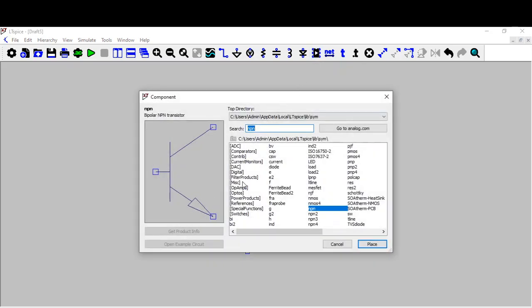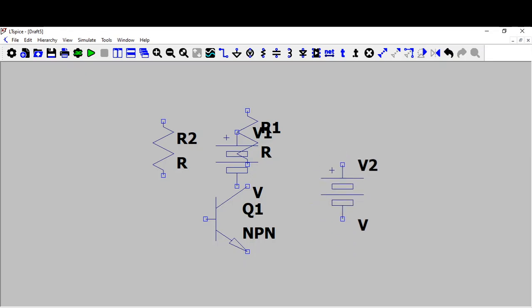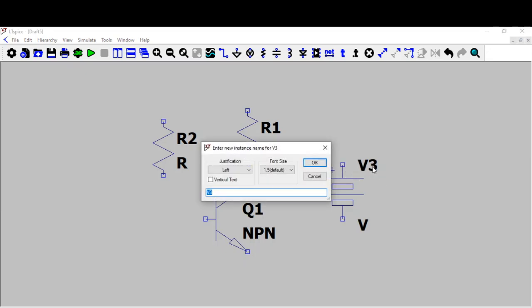Then I'll put a battery which is there in miscellaneous. So here there is a battery. I'll put it here. Okay, there is one extra battery coming. Let me just delete it. For deleting, you can select this. Okay, this is gone. Let me name it as VCC.